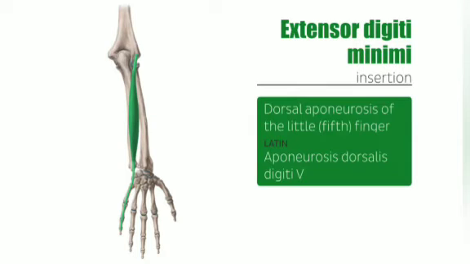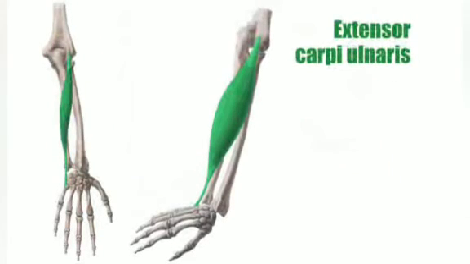Now let's move on from this muscle with the funny name to the third one on our list, the extensor carpi ulnaris. The extensor carpi ulnaris is located at the ulnar side of the forearm, as you can see here, also in line with your fifth finger, the little finger. It acts to extend and also adduct at the wrist.